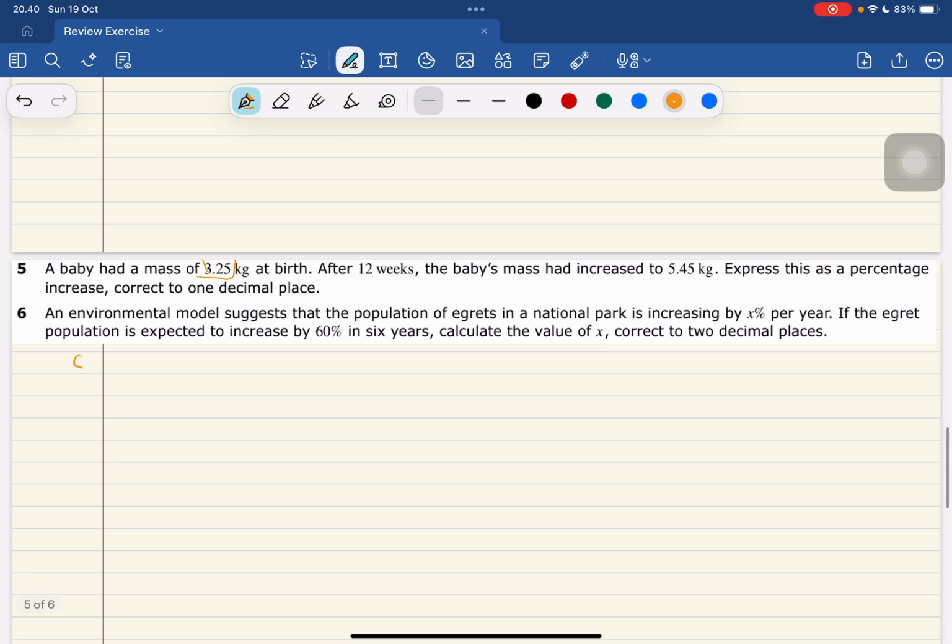So we find the increase, the difference between 5.40 and 3.25, which is 2.15 from 3.25. So we can count it: 2.15 divided by 3.25.